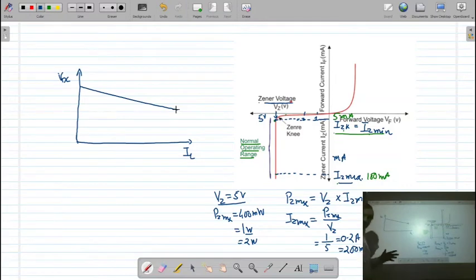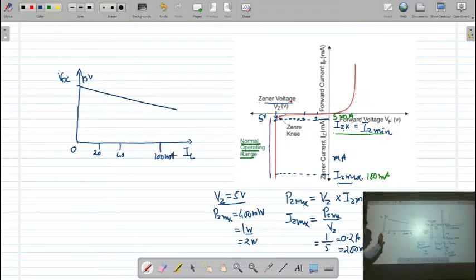This is the variation in an unregulated power supply. When the load current is 0, we have the maximum voltage, let us say 10 volts. Then at 20 milliampere, 40 milliampere, and somewhere here 100 milliampere.